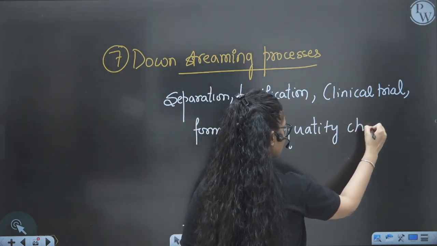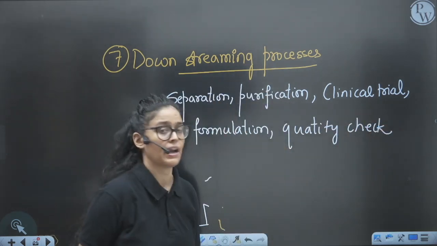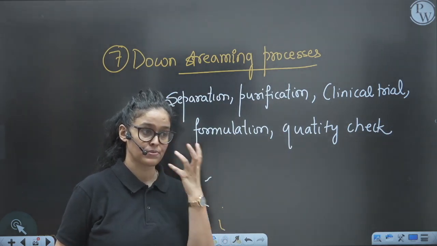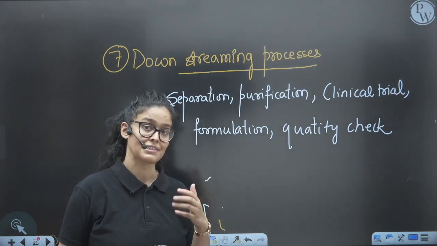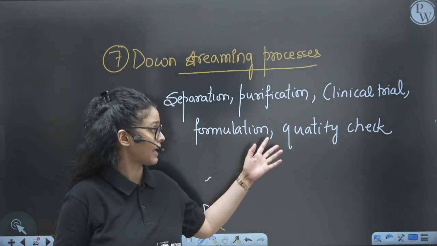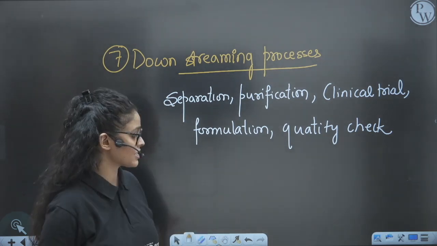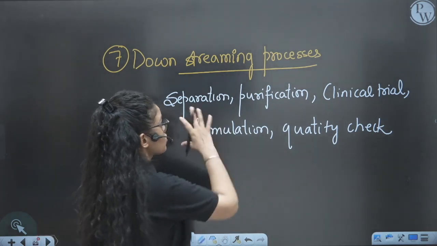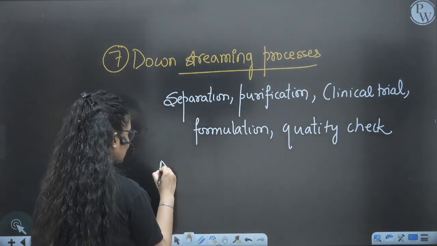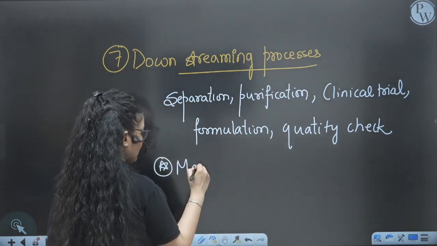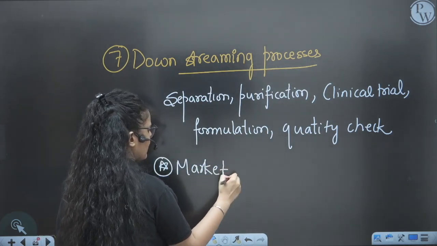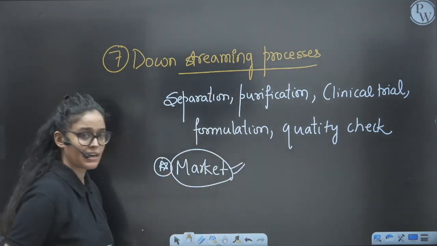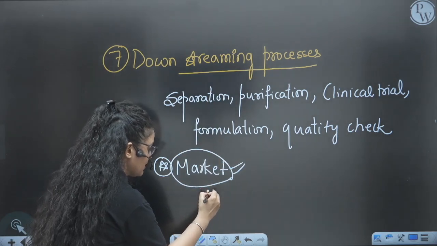If we are selling a product that needs to be eaten, that also requires a lot of quality checks. Quality checks vary from product to product. All this process will be done, and finally it's ready to sell in the market. We will add the preservative and all, everything happens in the downstreaming process, and finally we sell it in the market, and we are done with the chapter, right?